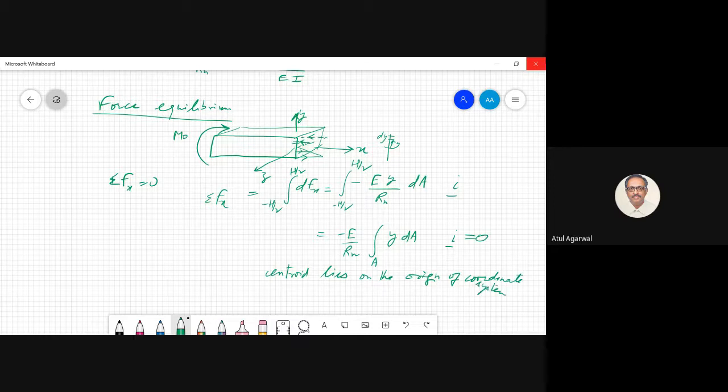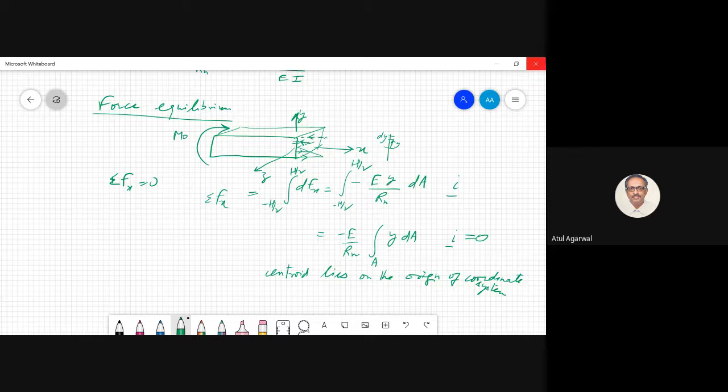You see, we assumed that the neutral surface has y equal to 0. So this surface we had taken as y equal to 0. And we were assuming our origin of the coordinate system at this neutral surface, and we were measuring y from this surface. And this upper surface had y equal to h by 2, the lower surface had minus h by 2. That's the way.